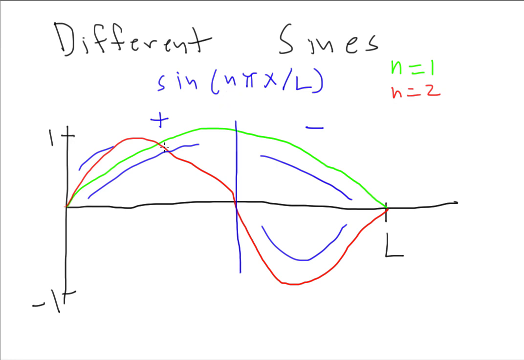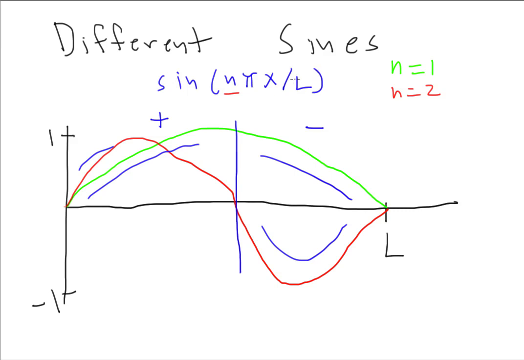And it'll actually be the case that these functions are orthogonal for any n you choose. So n equals 1 and n equals 2 is not a special case. As long as n is a positive integer, you can do the integral of sine of n pi x over L times sine of m pi x over L, those two things multiplied.